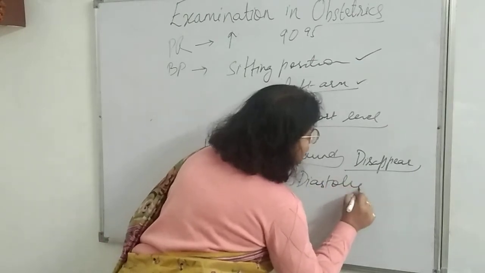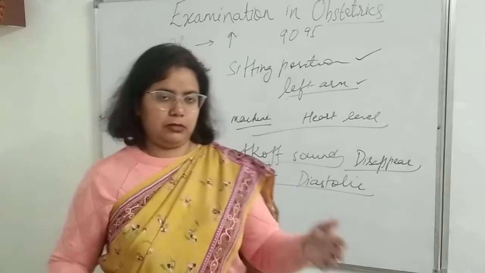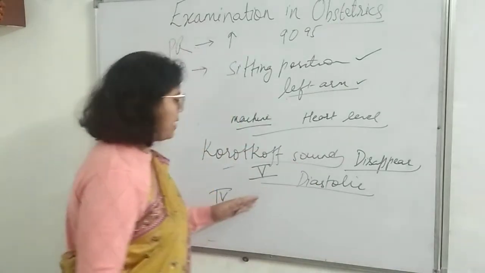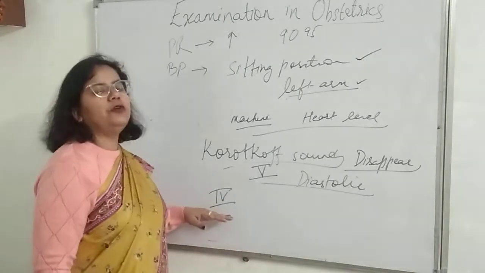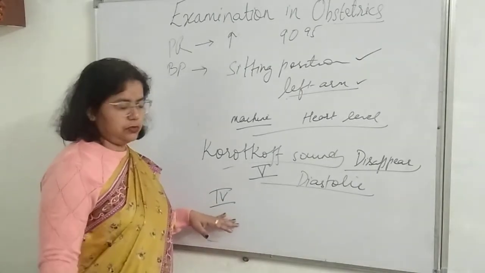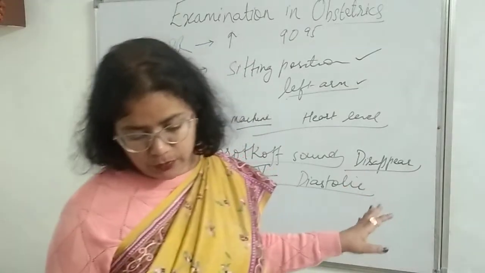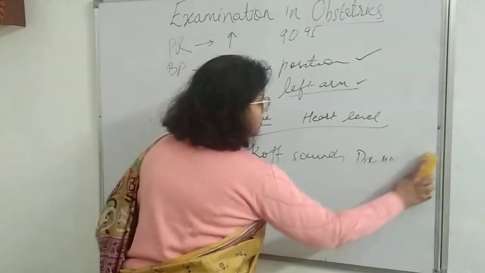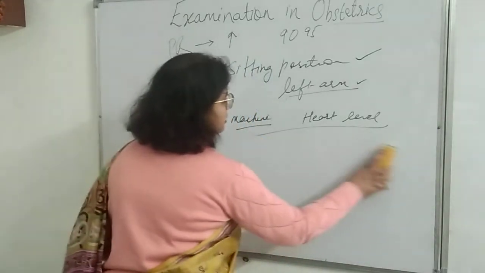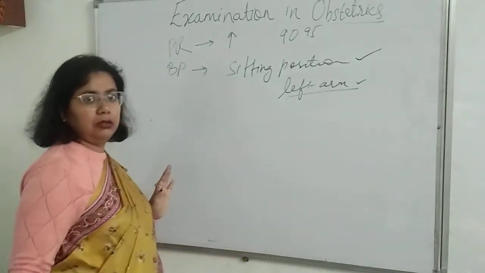Suppose the sound does not disappear. It usually happens in older age. In that case, we take Korotkov phase 4, muffling of sounds. But where there is disappearance, it is to be taken. If you get a high blood pressure on first reading, do not panic. Okay? Oh my God, she is preeclampsia. No.